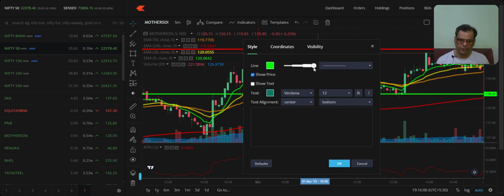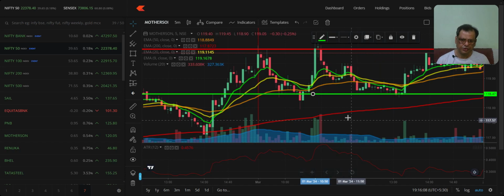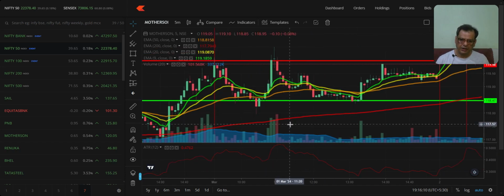Here we'll mark support. So, price is above EMA 200, but the price is going up and down, range bound.